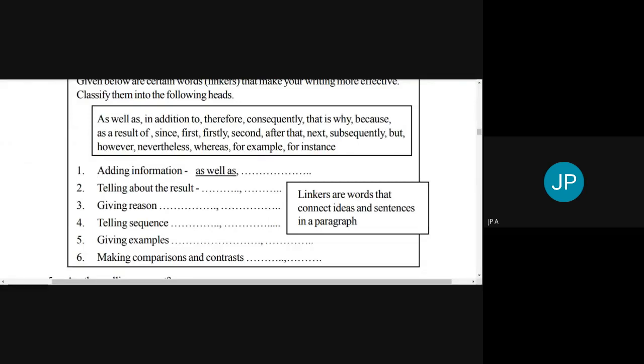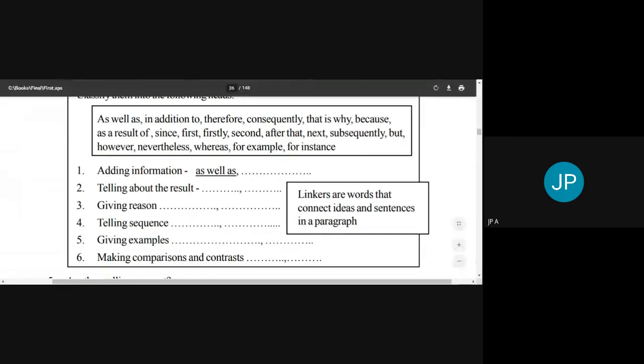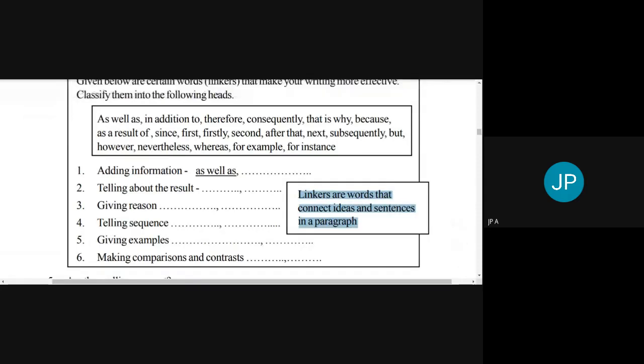So, what is the purpose of linkers? So that is given in that box here. What is the purpose of linkers? എന്തിനുവേണ്ടിയാണ് linkers use ചെയ്യുന്നത്? The purpose of linkers is to, what is the purpose?